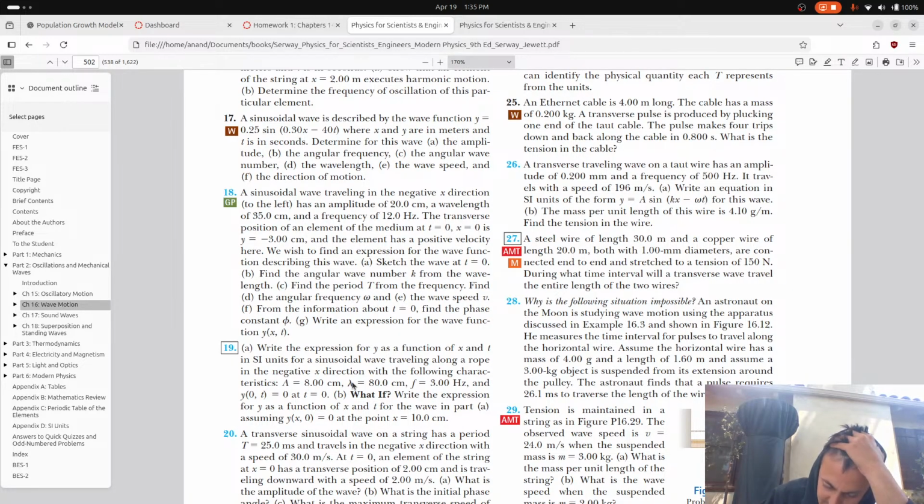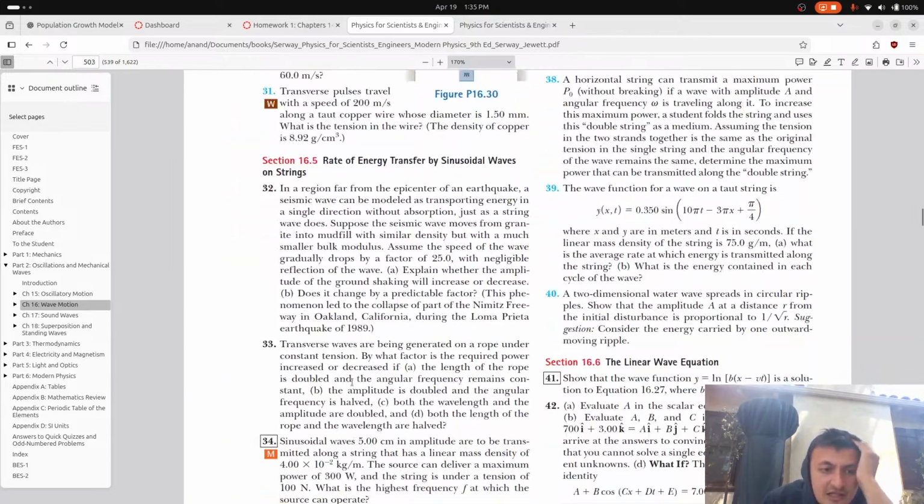And so that's A. B is write the expression for y as a function of x and t for the wave in part A, assuming y. I didn't see anything about phase offset.